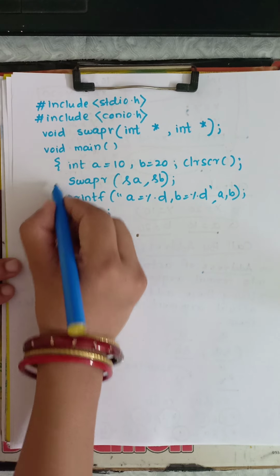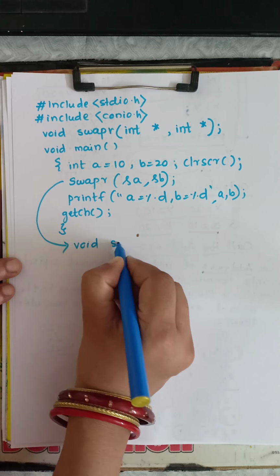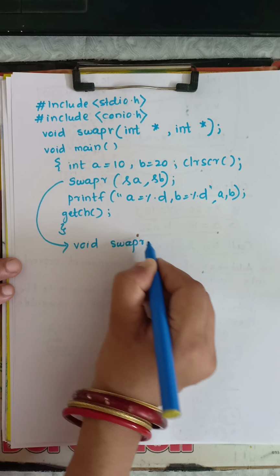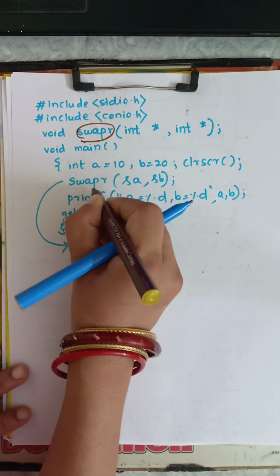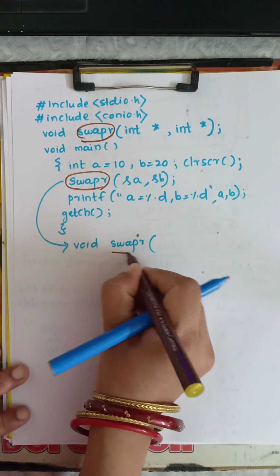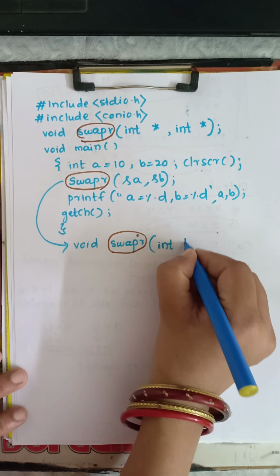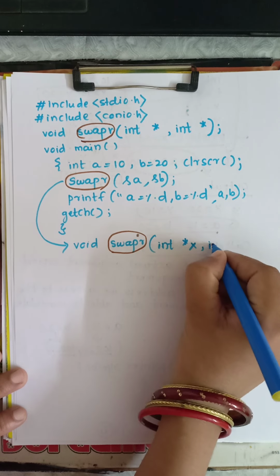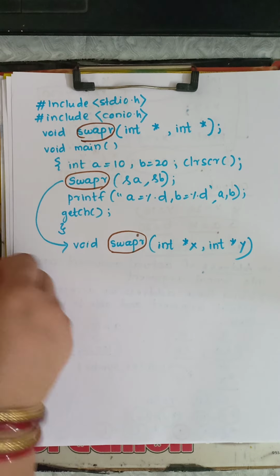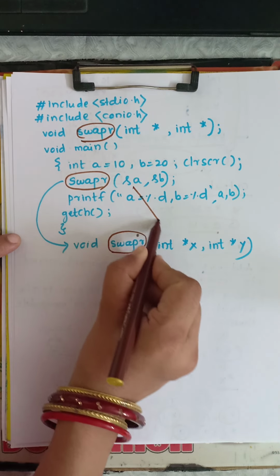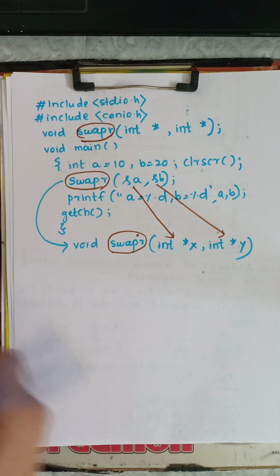Next I come to this line here, void swap. Look here, the function name is always the same, because this is one function I use in my program. So int asterisk x, int asterisk y. What we pass here is the address, which we use here.